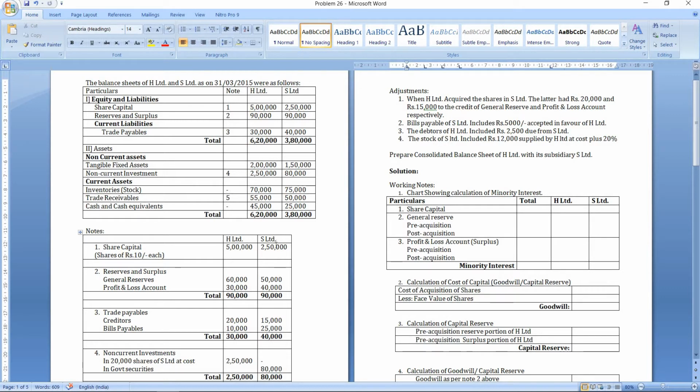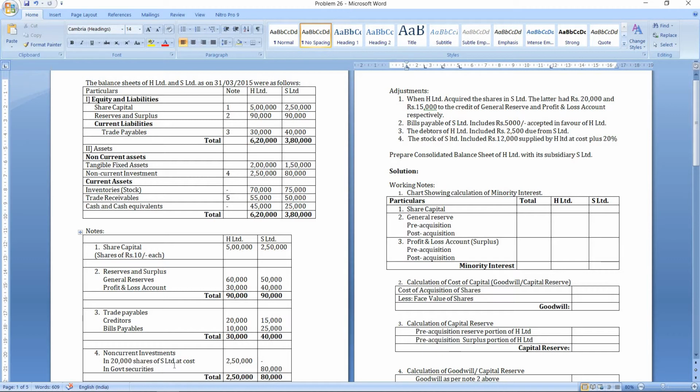So the total shares of S Limited are 25,000 shares. Out of that, investment is made in 20,000 shares of S Limited. So out of 25,000, 20,000 shares are acquired by H Limited. So remaining 5,000 shares are acquired by other shareholders.